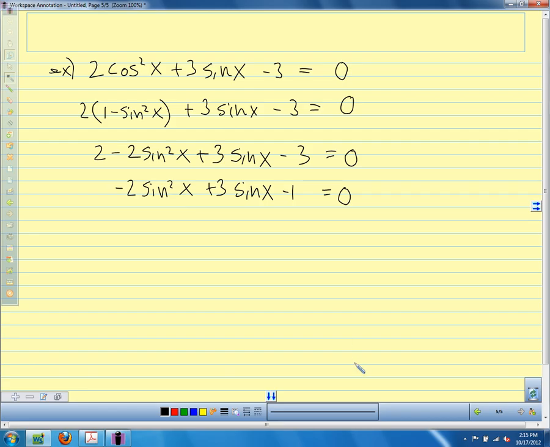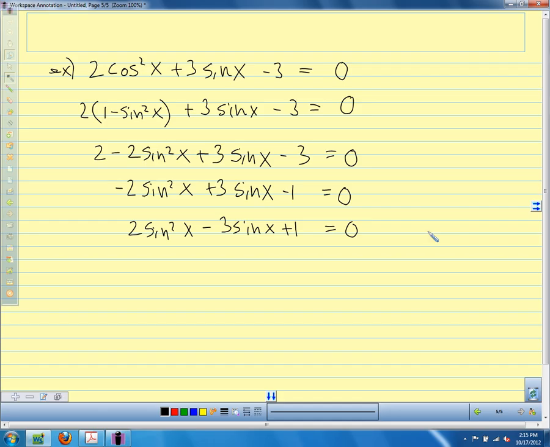Multiply everything by -1, because this side is just 0, so nothing's going to change over here. So multiply everything by -1, and I can write this as 2 sine squared x minus 3 sine x plus 1 equals 0. My personal preference is not to have the negative in front of the square term, if I can do it, but it doesn't matter. You can do it either way.